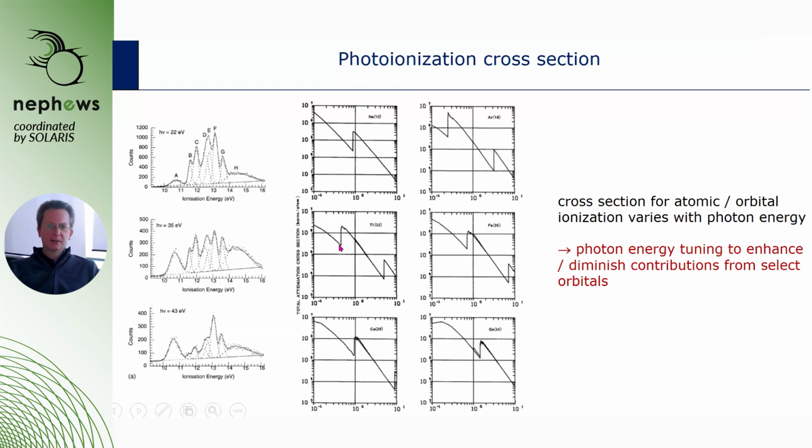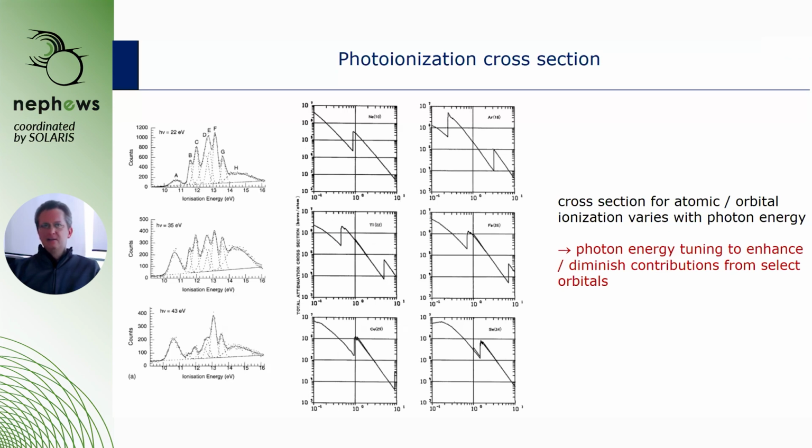This was discussed with X-ray absorption. So if you now play with the photon energy in a sample that contains many different elements, by changing the photon energy you can deplete or enhance, so attenuate or enhance, the contribution of a certain element to your photoelectron spectra, if you're hunting, for instance, for small amounts only.